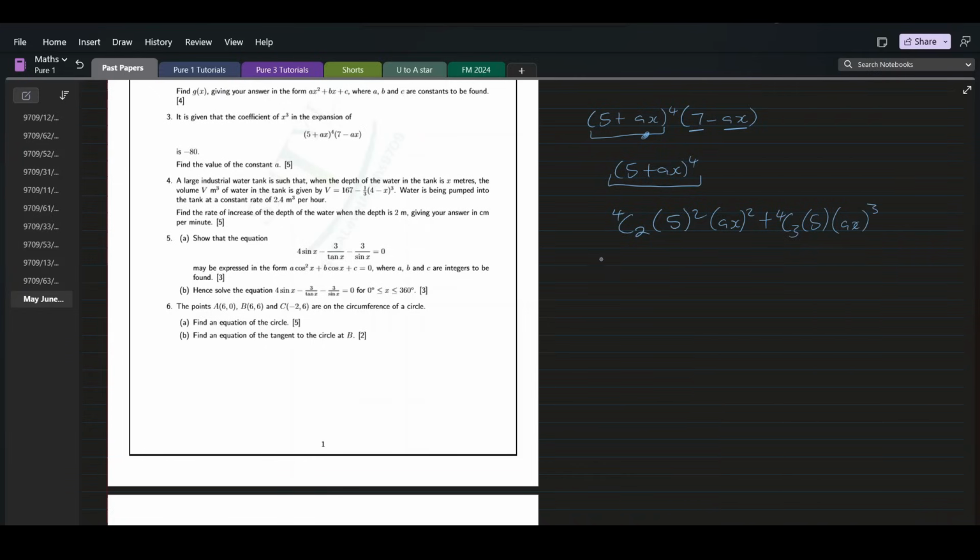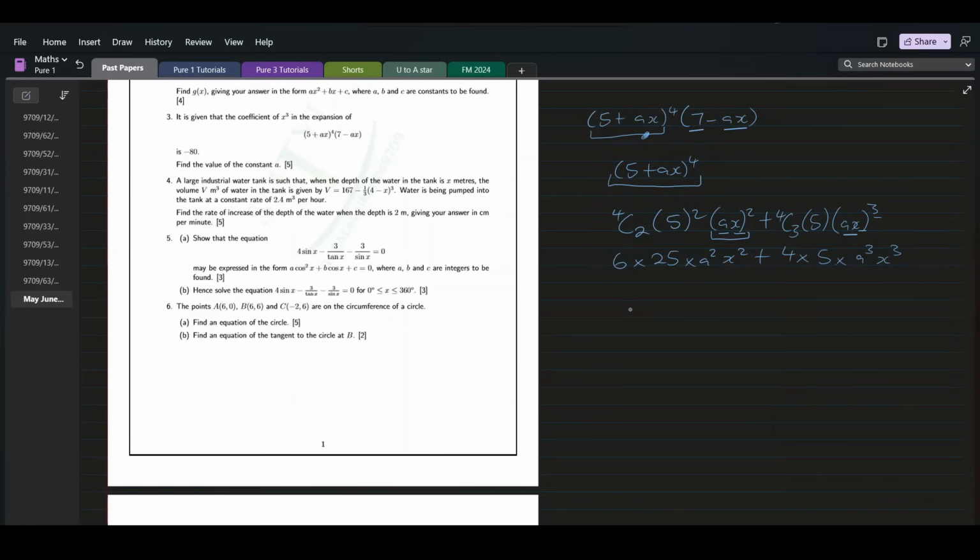And now let's expand. 4 choose 2 is 6, so this is 6 times 5 squared, which is 25. And then here, square the a and square the x, so that's times a squared x squared, plus 4 choose 3, 4 choose 3 is 4, times 5 times a to the power 3, x to the power 3.